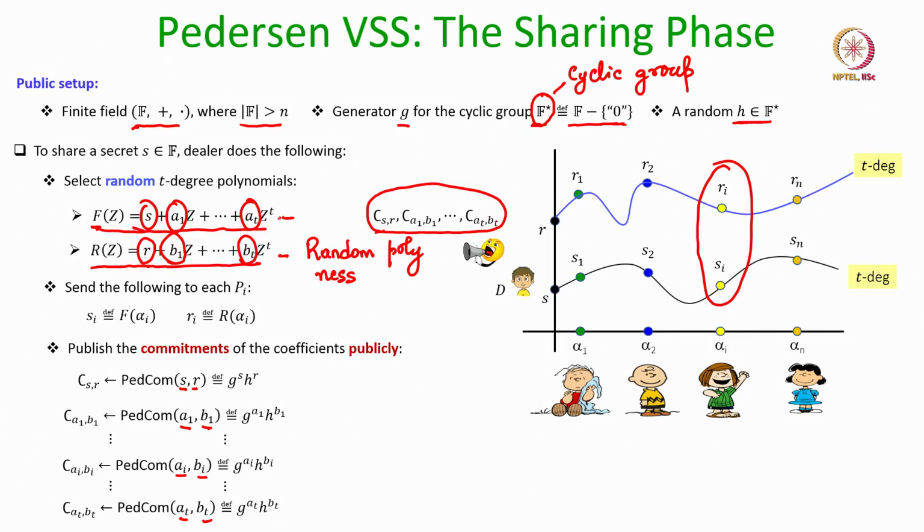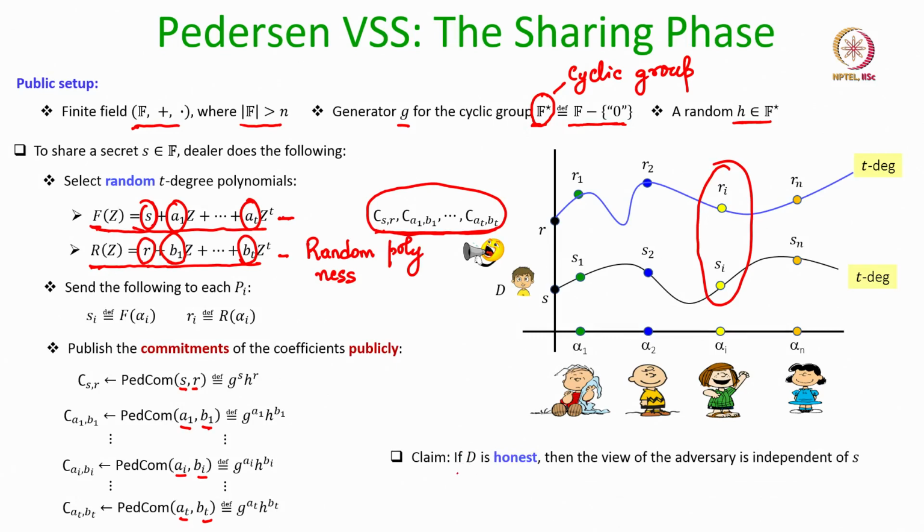So, we have an instance of Shamir secret sharing. In fact, we have two instances of Shamir secret sharing running, one with respect to the polynomial f, one with respect to the polynomial r, and the additional thing here is that the commitments of the coefficients for the polynomial f are made public, which is used to verify whether the dealer has distributed points on a t degree polynomial to the individual parties.